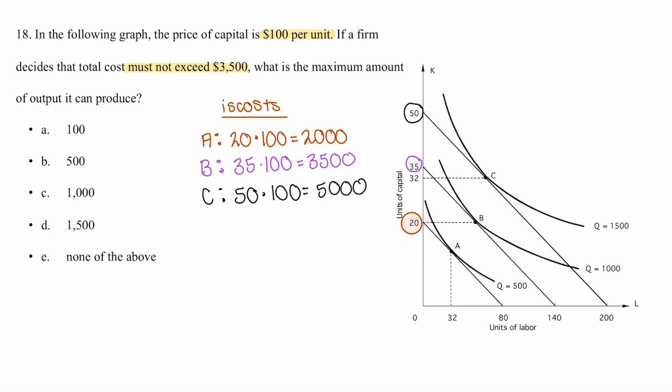So the one that's actually what we're allowed to spend is B. So this line, and we look at the isoquant line that hits that, and the isoquant line that hits that is Q equals 1,000, or 1,000 units of output, which is C.